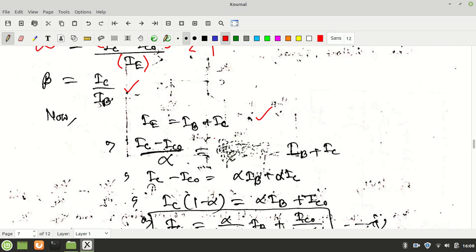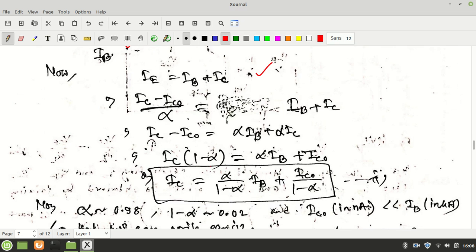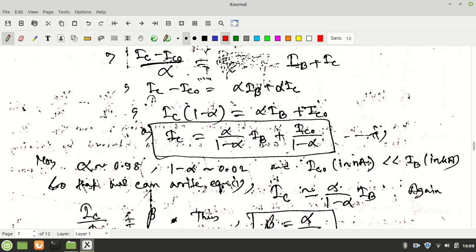You can substitute here, keeping IB. Proceeding in the same way, you reach IC equal to alpha by 1 minus alpha into IB plus ICO by 1 minus alpha.